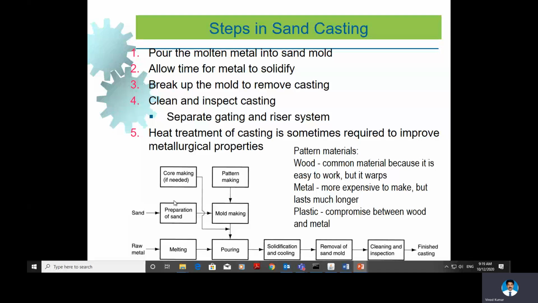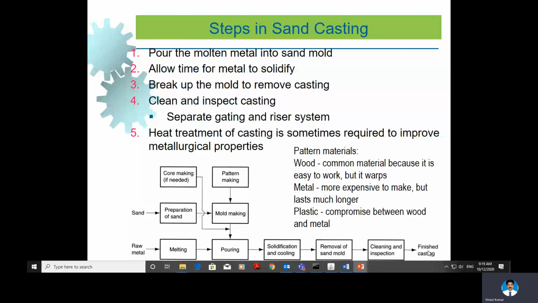After producing the mold, we pour molten metal into the cavity. This molten metal will get solidified, and after solidification and cooling, we produce a casting. To take out the casting, we have to remove the sand mold, then clean and inspect to get a final finished product.